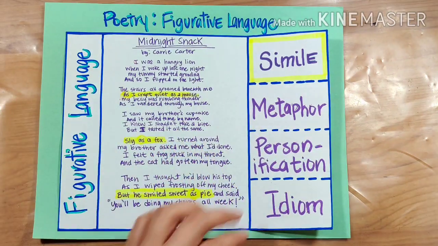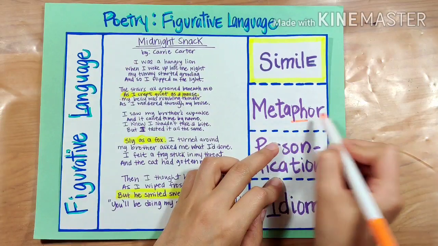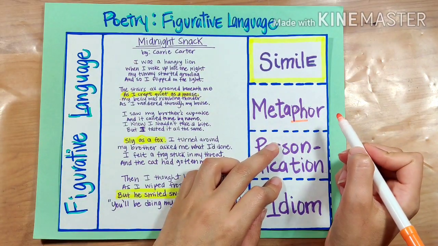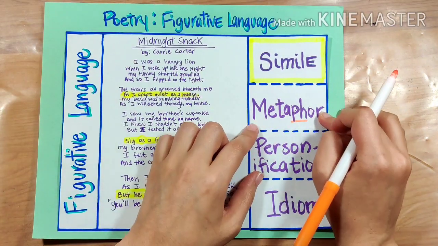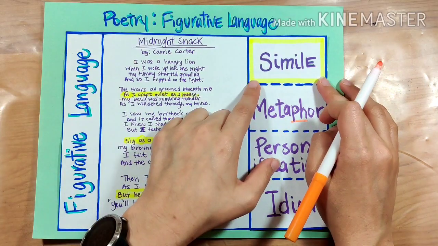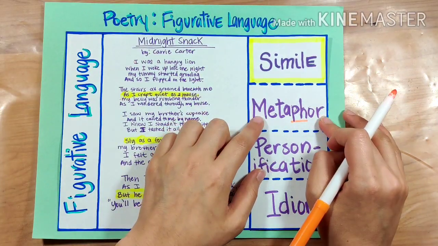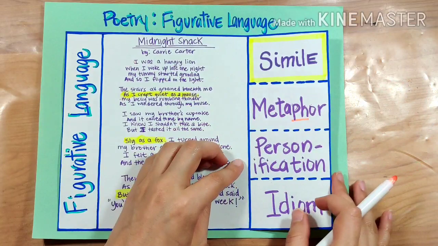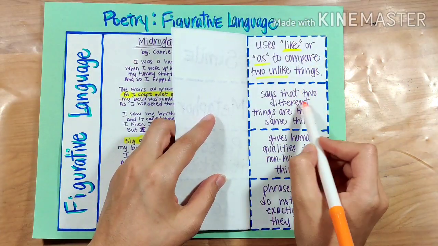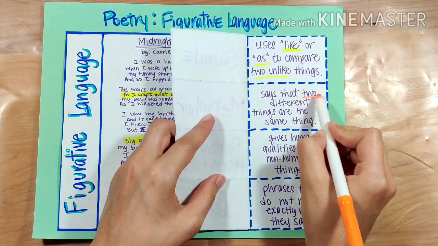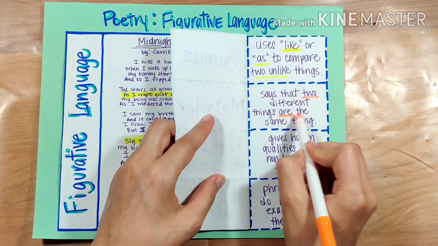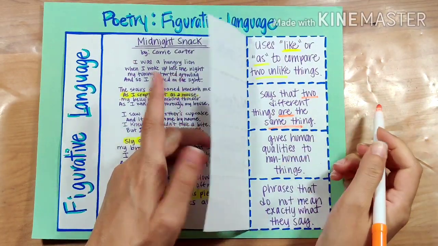Okay. Metaphor. And note on here that we have a PH, which makes the F sound. And this one is actually very similar to what a simile is, but in a metaphor, you are just basically saying that there are two different things that are the same thing, okay?